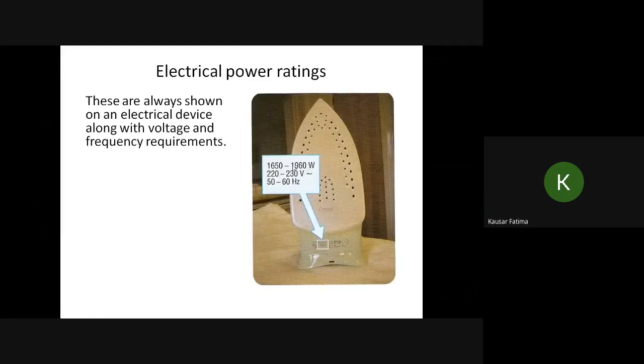What is written here? 1650 to 1960 watt. This is the range. The power lies in between. The voltage rating is also mentioned, and the frequency. This frequency we will discuss later, but voltage and power you have studied now. So from this you can calculate the current which will be flowing through this electric iron when it is functioning. I is equal to power upon voltage.